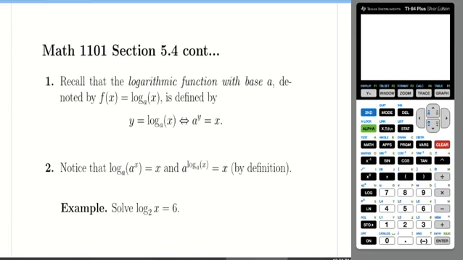So, remember what a logarithm is. It's the inverse operation to an exponential. Log base a of x is y means the same as a to the y equals x. And so we can undo exponential functions by taking logarithms.